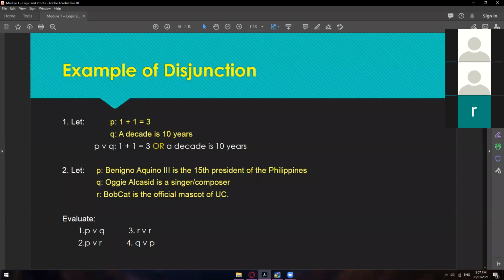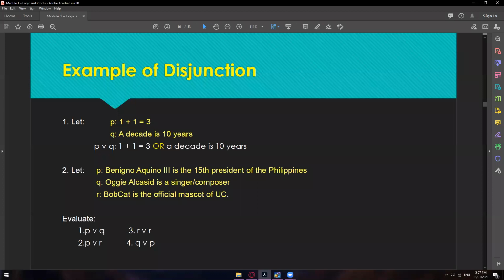Bobcat is the official mascot of UC, or Bobcat is the official mascot of UC. Okay, very good. And then last one is Mr. Moswela John. Number 4. Ogie Alcacid is a singer composer, or Benigno Aquino III is the 15th president of the Philippines. So sobrang dali lang ng and at saka or.